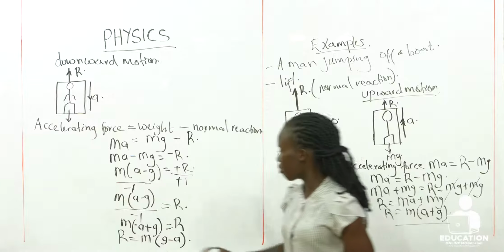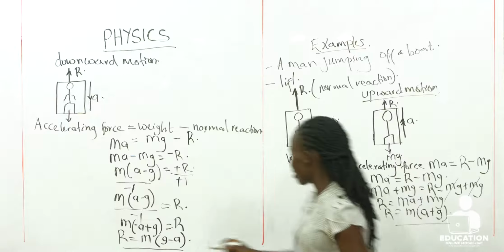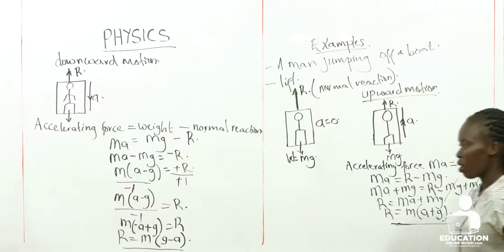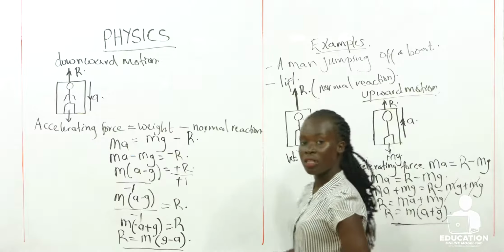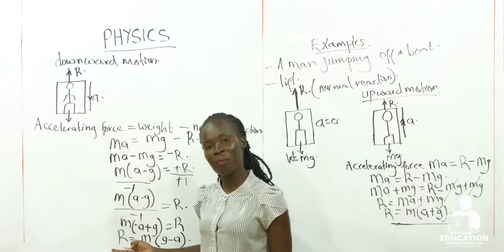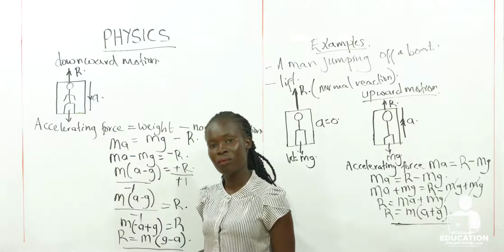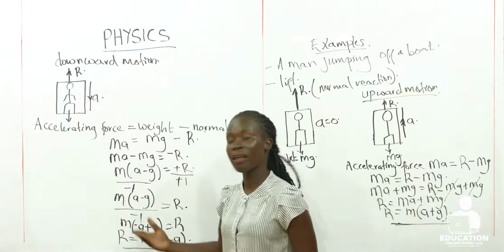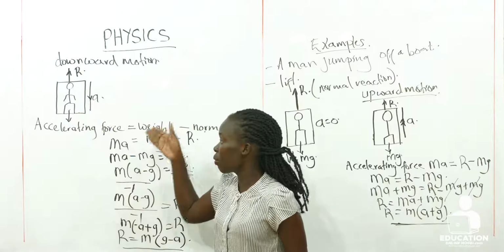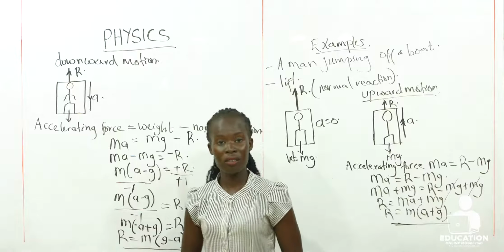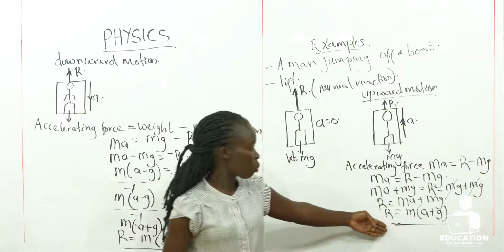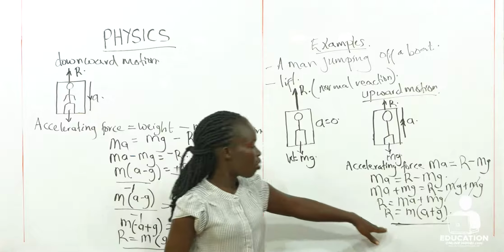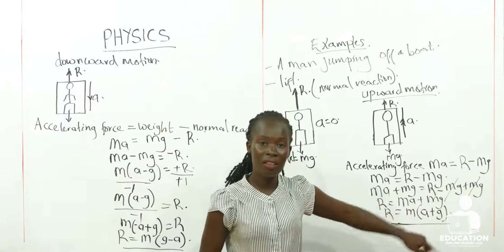So you see that if you take a look at this equation and the earlier one, what is the difference? You will see that the normal reaction offered by the lift on the person is much less at this point, when the lift is moving downwards. But if you come to this point, when it is going upwards, the normal reaction is greater than the weight.